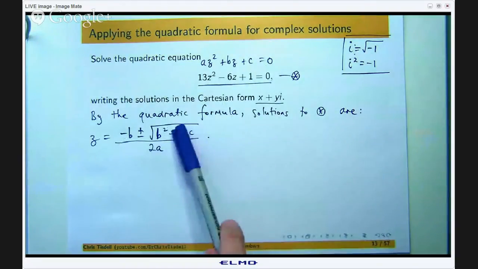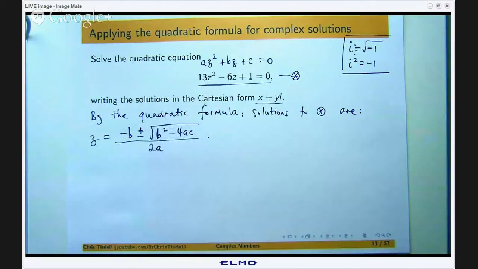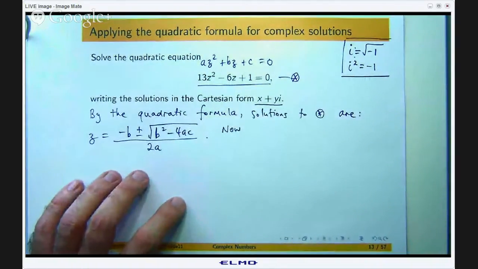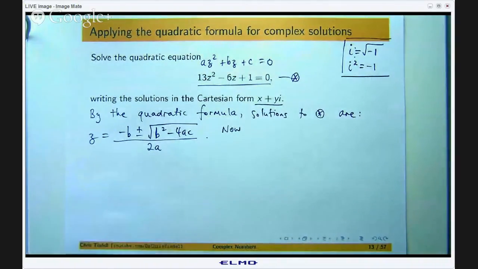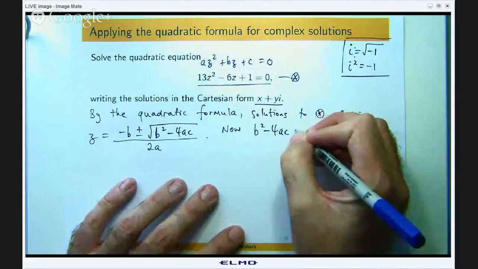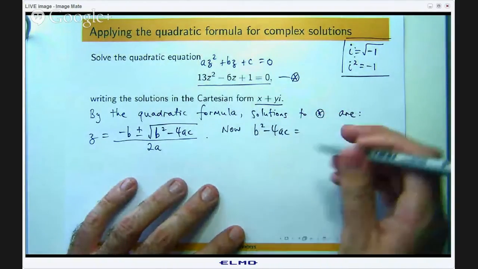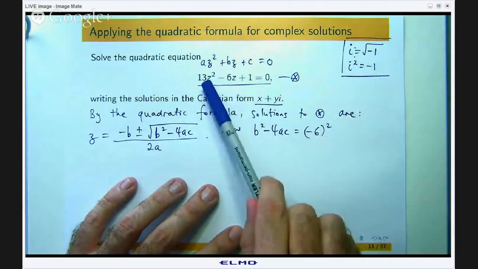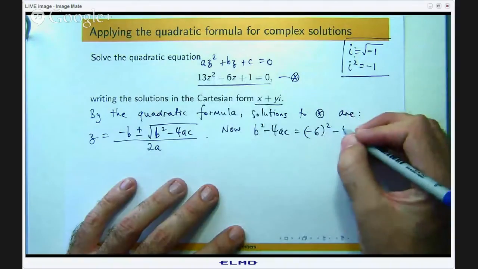Now the tricky thing here is the square root of b squared minus 4ac. So let's calculate the b squared minus 4ac and see what happens. Okay, because this is really the only potential stumbling block for a problem like this. So b squared minus 4ac, that's going to be (-6) squared minus 4 times 13 times 1.